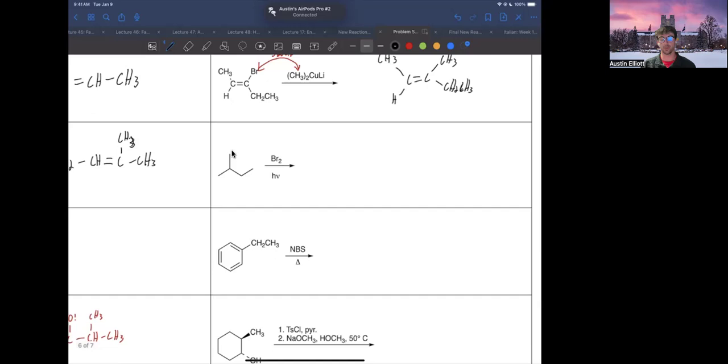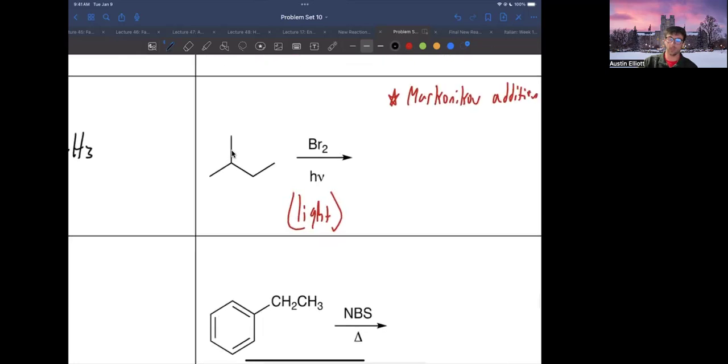So now moving on, we have Br2 and we have our light. Like I said earlier, you can use light or delta for heat, whichever one you prefer on the exam. And this is going to be Markovnikov addition. So we can look at our places to add.